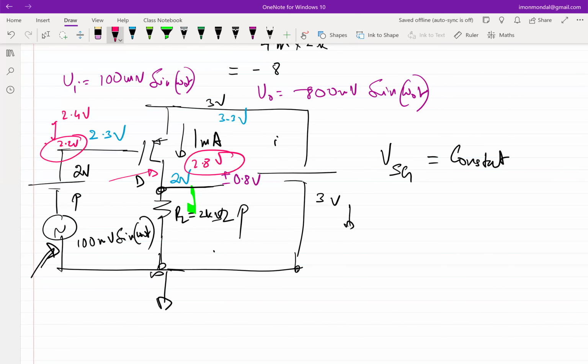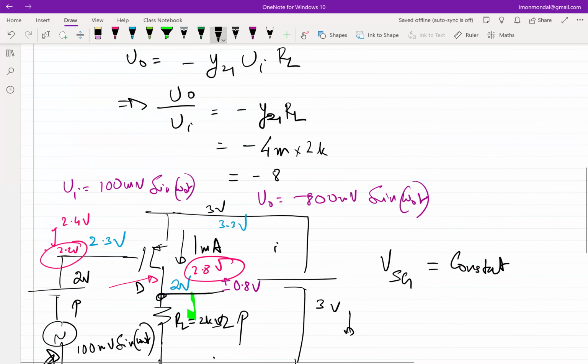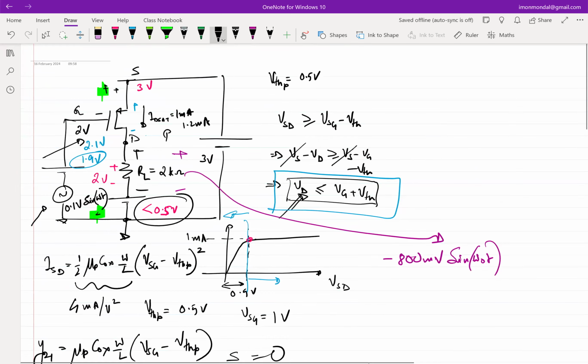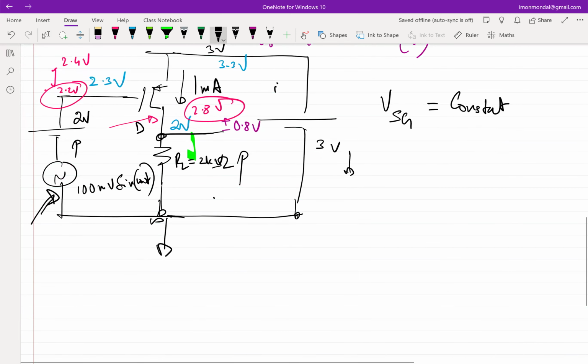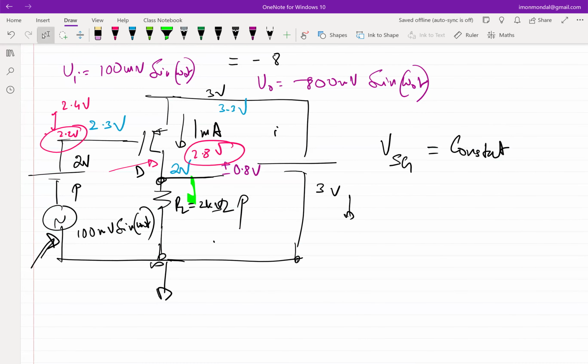What is the condition? Where did I write that condition? This is the condition, right? The drain should be within one threshold voltage of the gate. Threshold voltage is 0.5. How come the difference is 0.6, right?